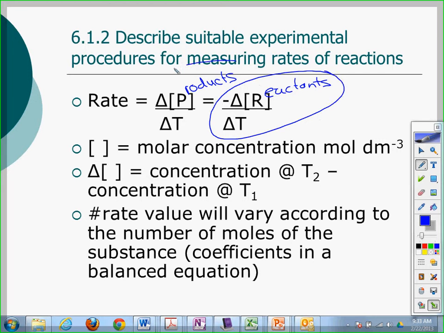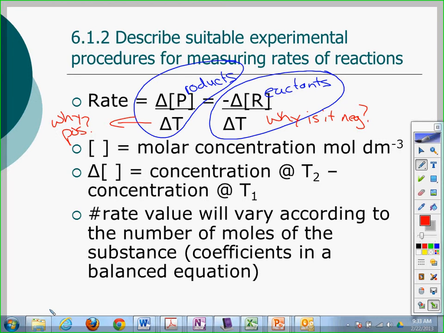What are you noticing different about these two? One's negative. Why? Why is this negative? And why is this positive? Yeah?